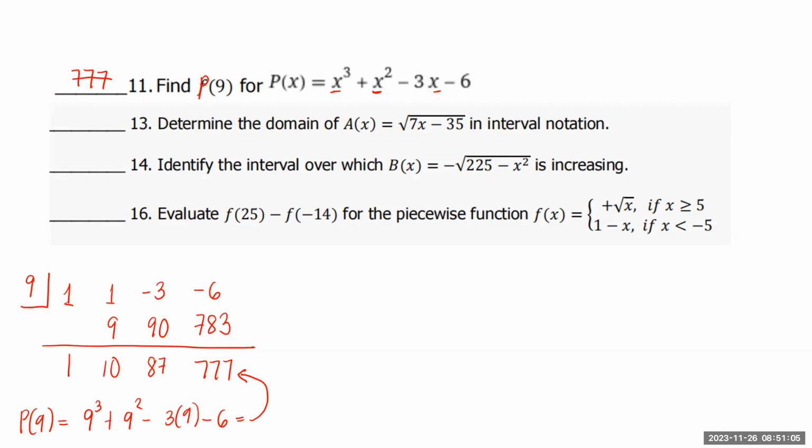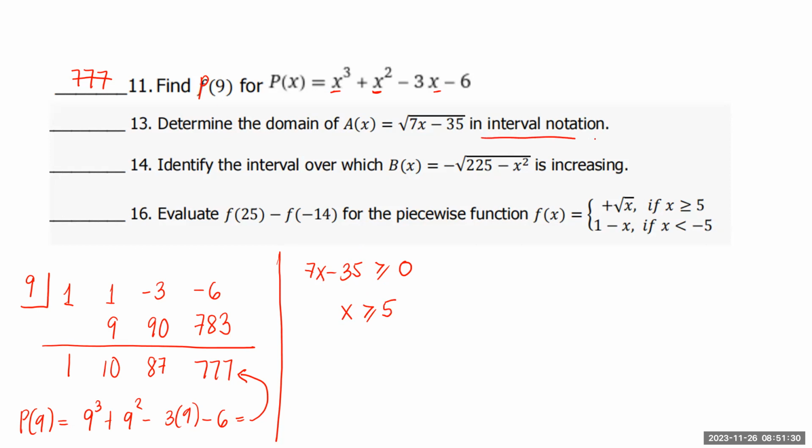For item 13, we have here a square root function, and we need to find the domain. So just get whatever expression is inside your square root sign. That expression is 7x minus 35, and that should always be greater than or equal to 0. Solving for x, x is greater than or equal to 5.